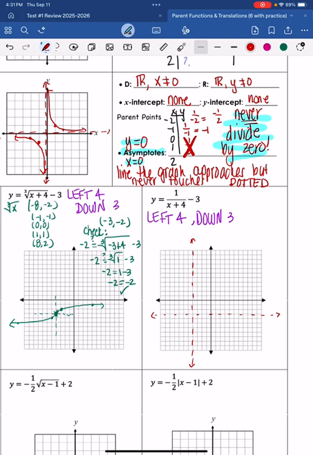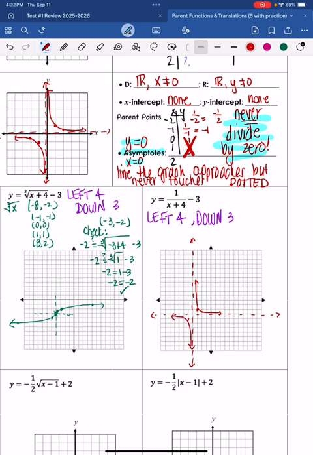And then from here, my parent points were (1, 1), (2, 1/2). So from my shifted origin, here's my origin, left 1, down 1, left 2, down a half. And there you have it.